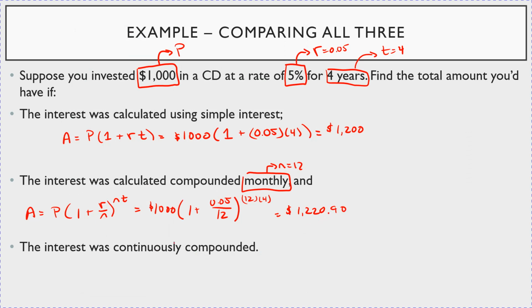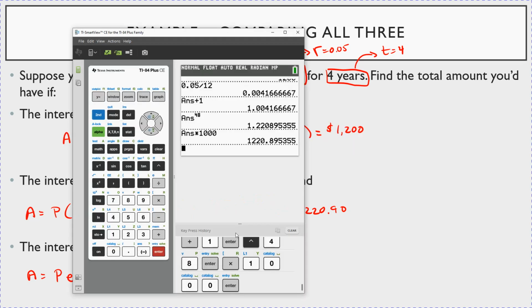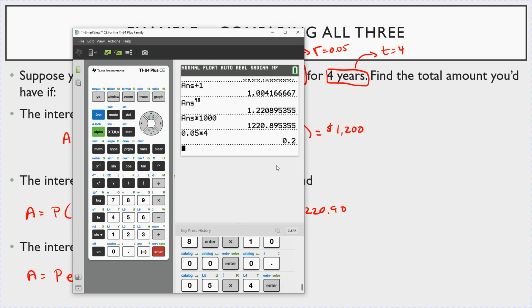So if it's compounded continuously, this is just P times e to the RT. Well, look, simple interest, compounded monthly, you got more. Let's see if it's compounded continuously, if that's even more money. So it's 1,000 times e to the rate, which is 0.05 times 4. So 0.05 times 4 gives you 0.2.